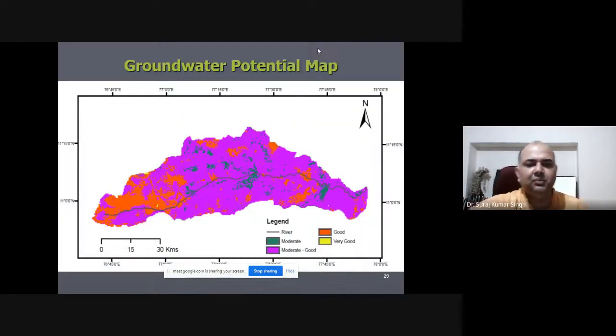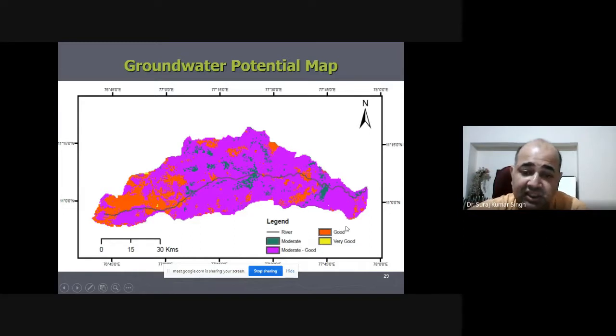And finally, we'll be preparing a composite groundwater potential map. So you see that using all the layers that we have generated previously, we have overlaid them using a scientific weightage overlay method, where each and every unit was assigned a weight according to its potential, and finally we have classified it.